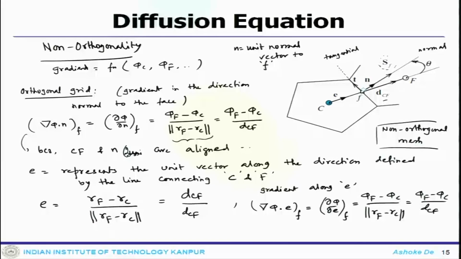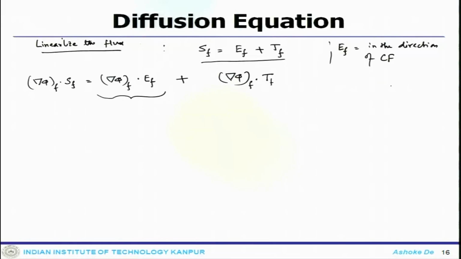The one which goes along the direction E will be similar to our orthogonal contribution.